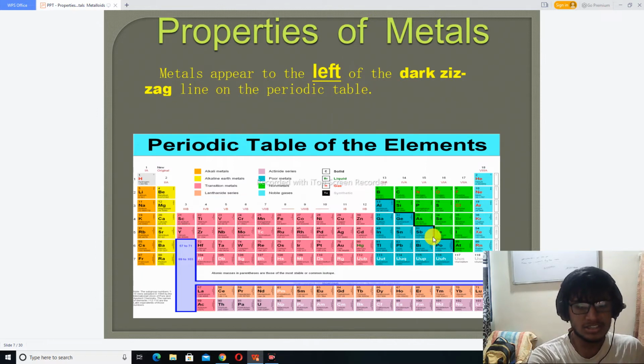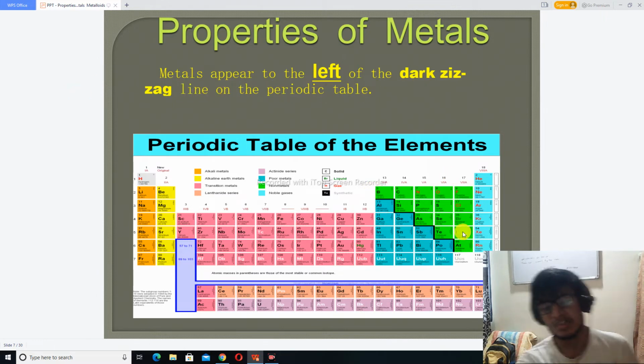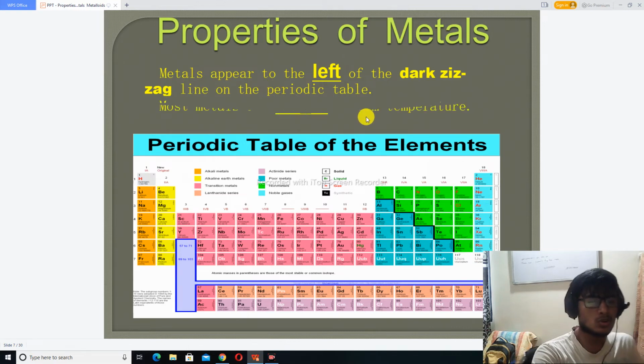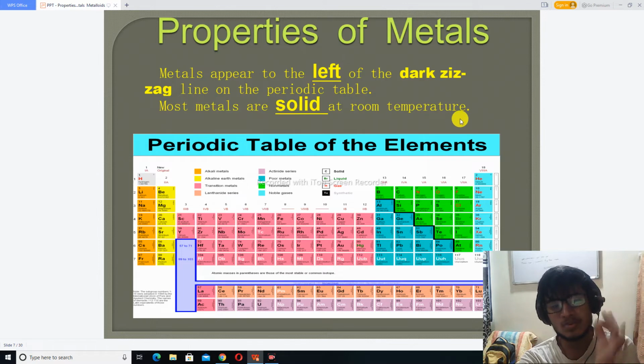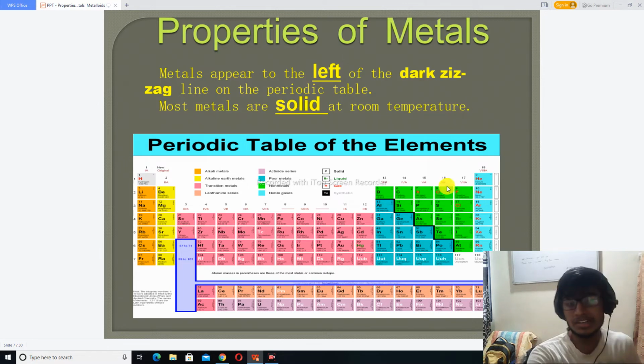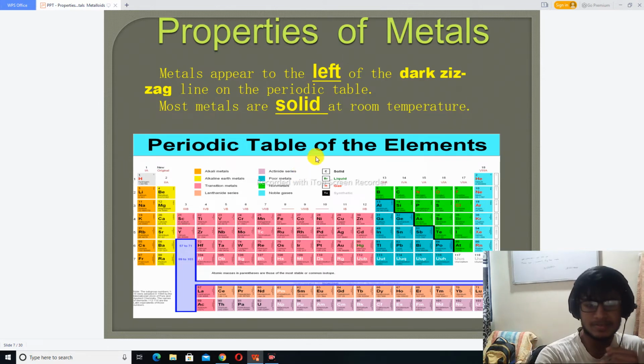This is the zigzag line. Most metals are solid at room temperature.